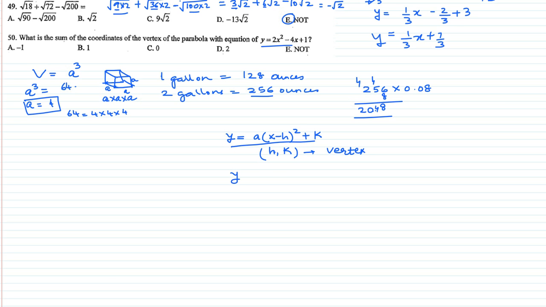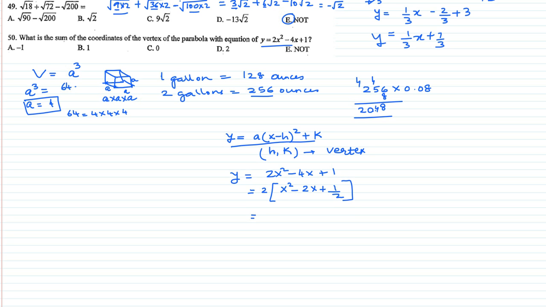So y is equal to 2x squared minus 4x plus 1. So let's take 2 as a common factor. What we get inside is x squared minus 2x plus 1 over 2.